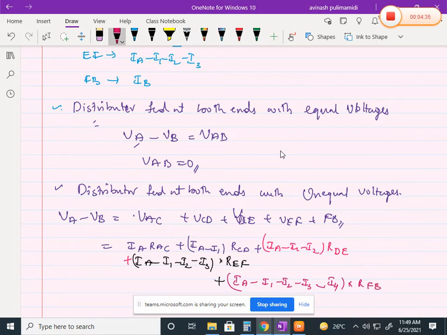Okay, so this is the voltage drops from A to B when distributor fitted both ends with unequal voltages. Okay, so let us take an example here.